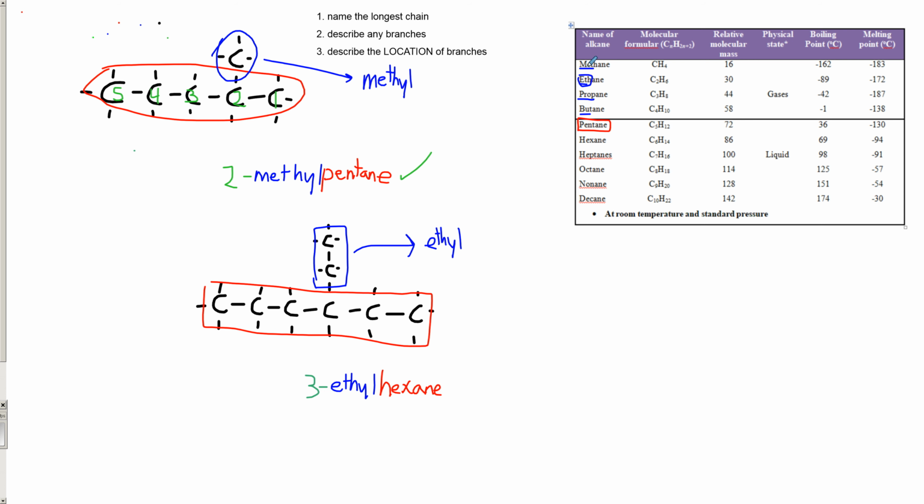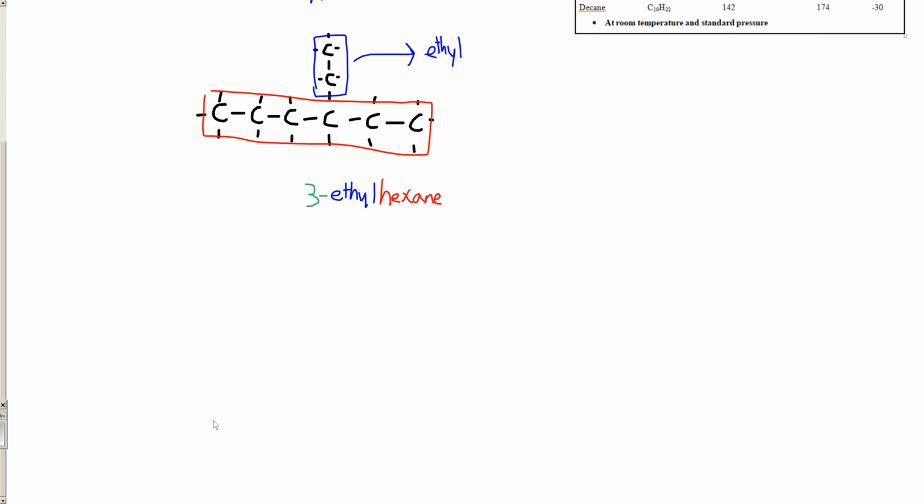When we talk about how many of something there are, we're going to use another set of words that denote numbers. So I'm going to scroll down here, and do a molecule now that's got more than one branch.